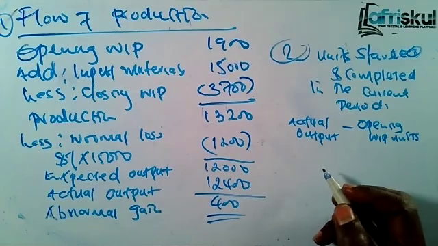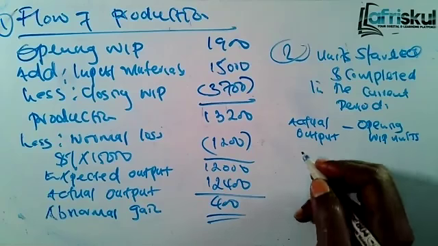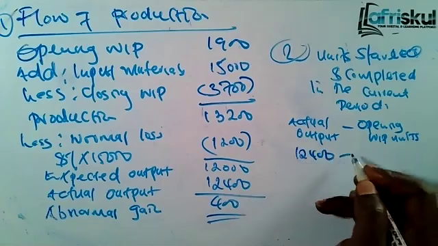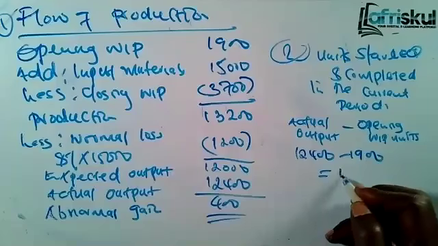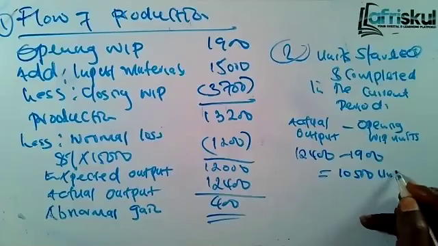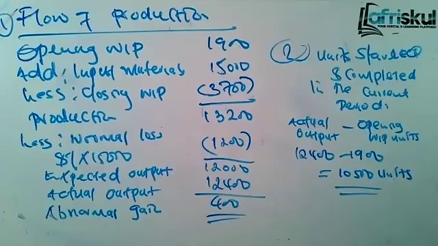So actual output is 12,400 minus 1,900. That is equal to 10,500 units. So that is 1 and 2.